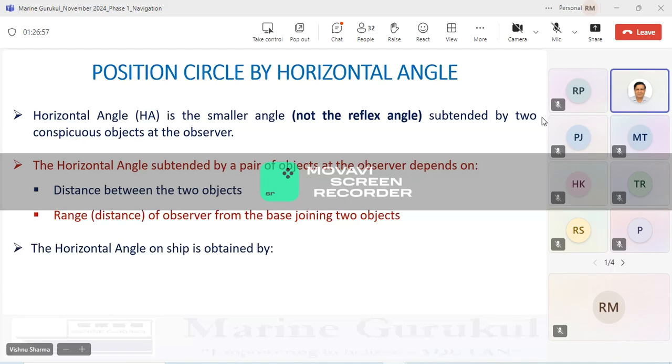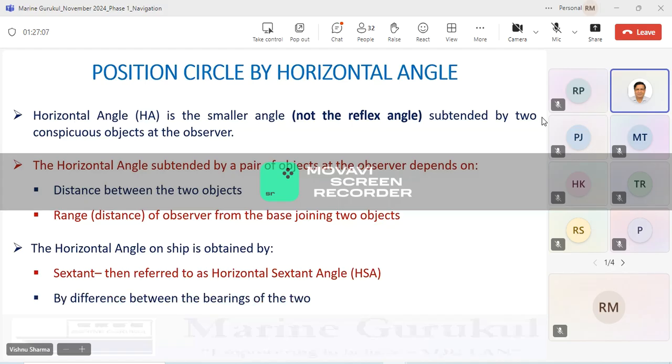The horizontal angle on the ship can be obtained by, one, sextant. In that case, it will be called the horizontal sextant angle. And two, it can be obtained by the difference between the bearings of the two objects. So either of these two methods can be used for finding the horizontal angle.